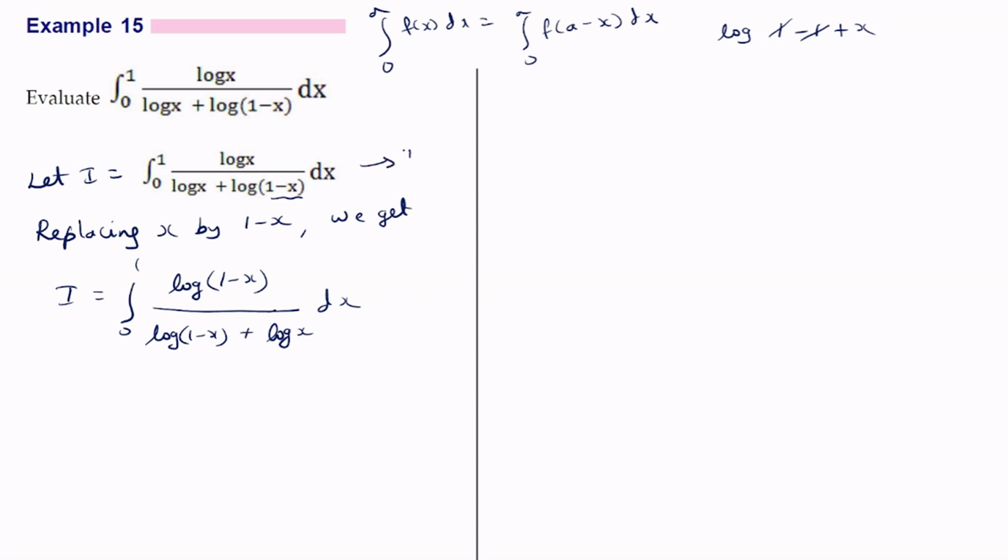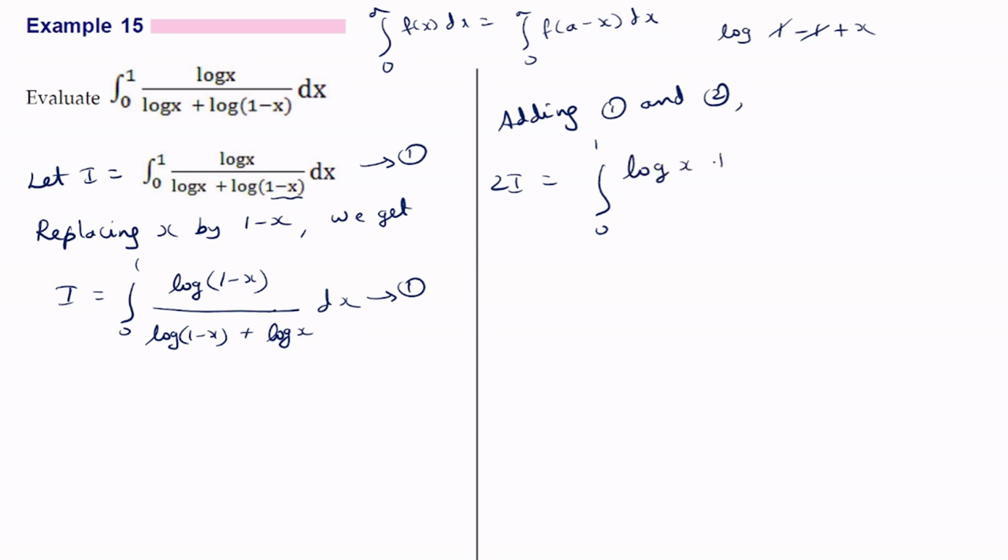Again we can add 1 and 2. Adding 1 and 2, the left hand side we have I plus I, 2I, and the right hand side we have integral 0 to 1. The denominator is the same, it is log x plus log 1 minus x, so the numerator we can add.